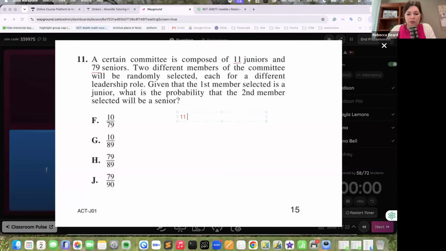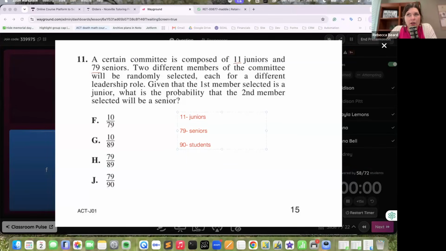So you've got 11 juniors, and then you've got 79 seniors. And so we know that our original number is going to be 90 students, which is going to be the bottom of the fraction, but I'm not done yet. It says, given that the first member selected is a junior, what is the probability that the second member selected will be a senior?